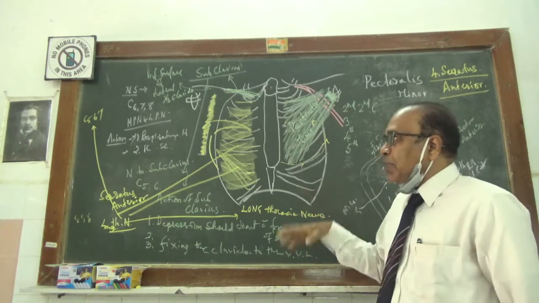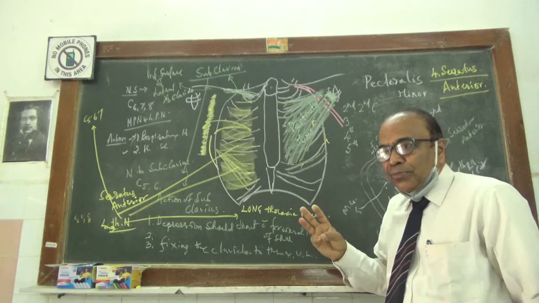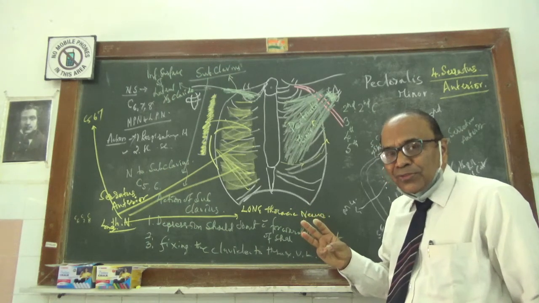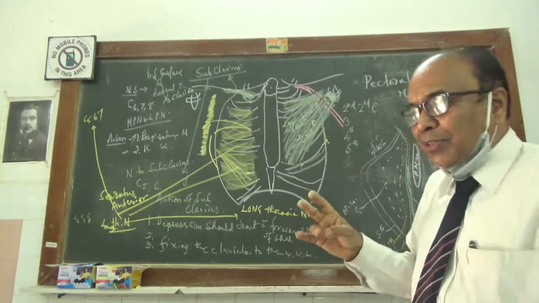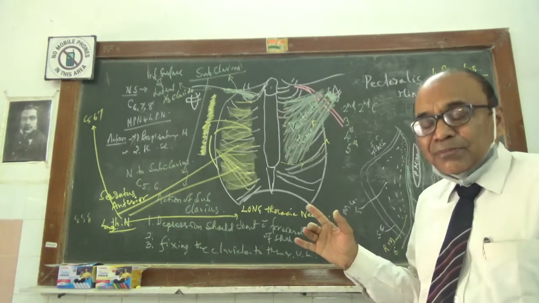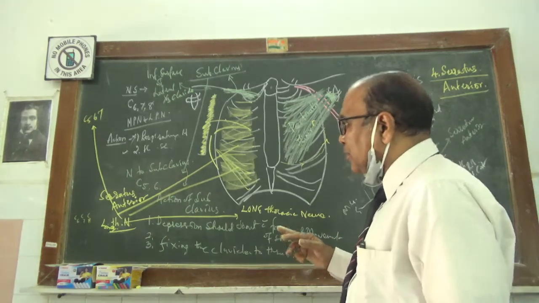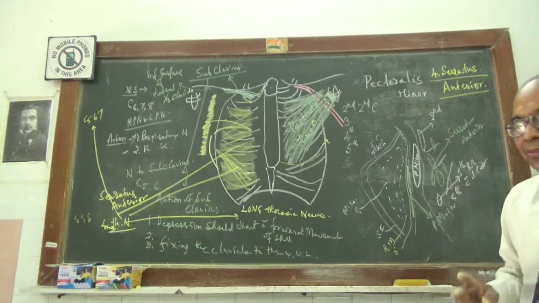Now the nerve supply for these 4 muscles: pectoralis major, medial and lateral pectoral nerve, having root values 5, 6, 7, and 6, 7, 8 and T1. For pectoralis minor, you have 5, 6 and 7, 8 is excluded, root value.